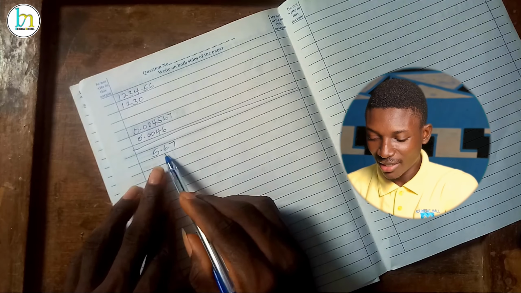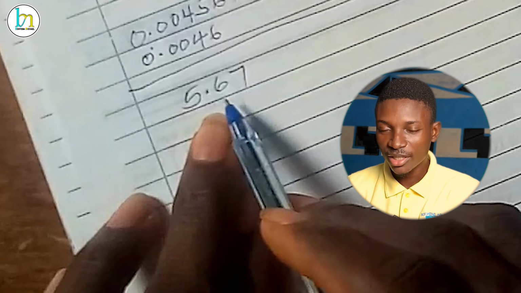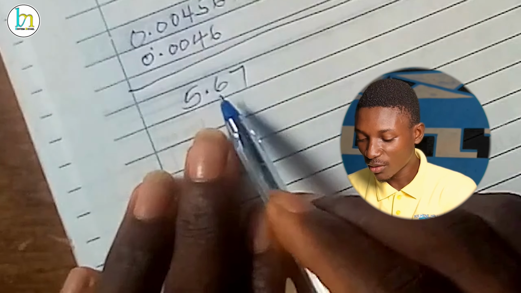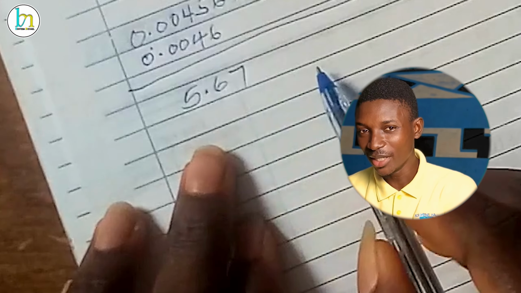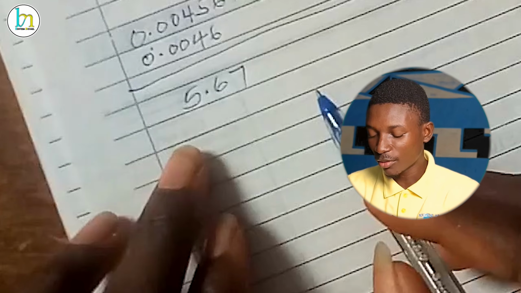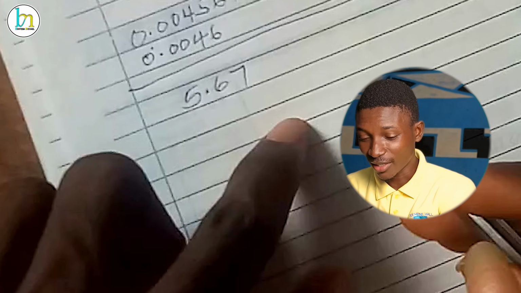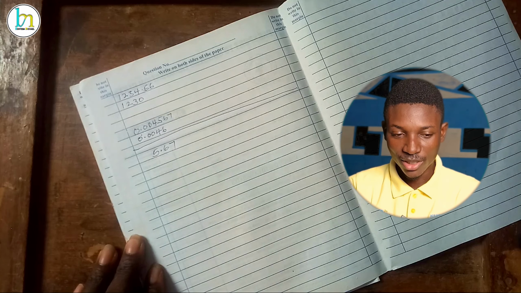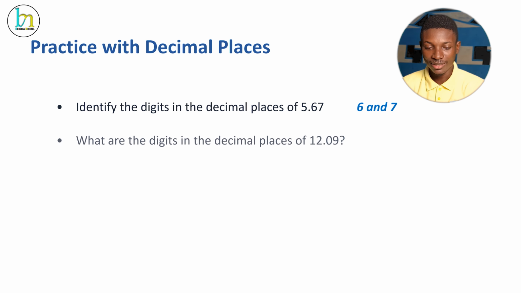So this means that the numbers after the point are the decimal places. Therefore, how many decimal places does this have? Let's count. We have 1, 2. So this has 2 decimal places. That's what the previous steps were trying to mean. So the question was asking us to identify the digits in the decimal places, and the digits are 6 and 7. That is the answer.